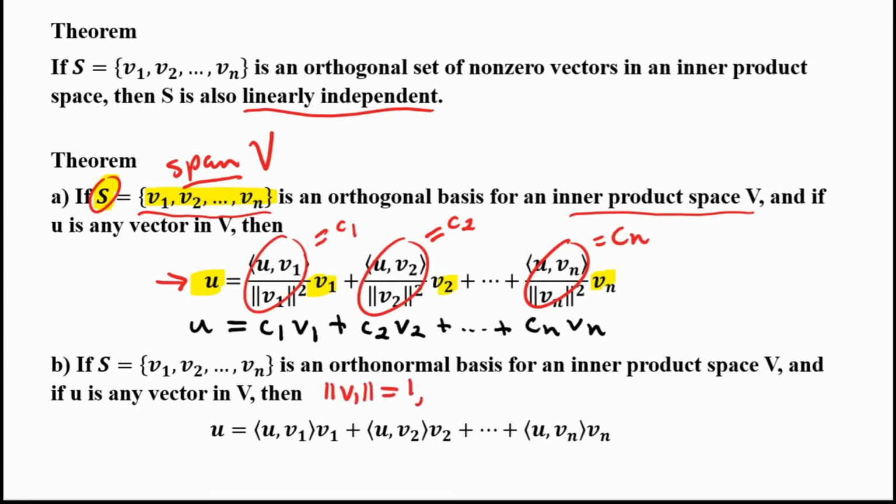The norm of v sub n is 1. So the denominators are just 1, so you don't have them anymore. It's just the term divided by 1, so we get the same thing up here.